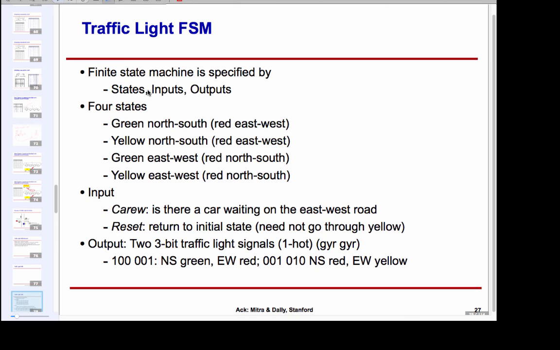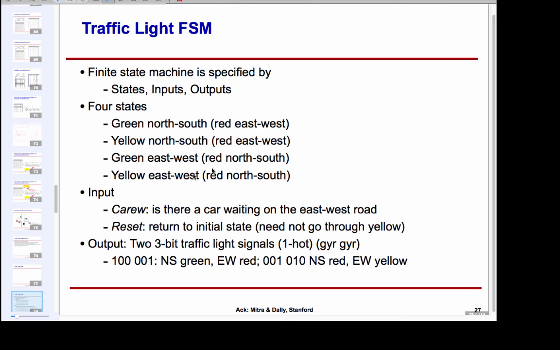Well, one possibility is that north-south is green, and by our rules, east-west therefore must be red. Another possibility is north-south is yellow, and again by our rules, east-west must be red. Or east-west is green, and therefore north-south must be red.